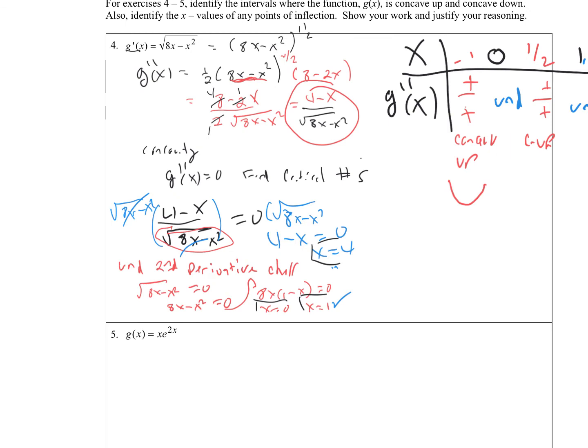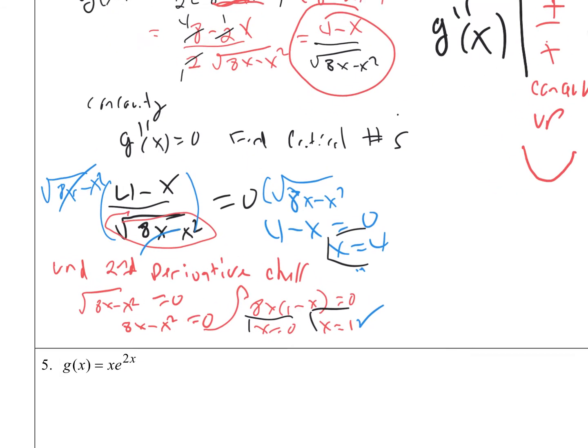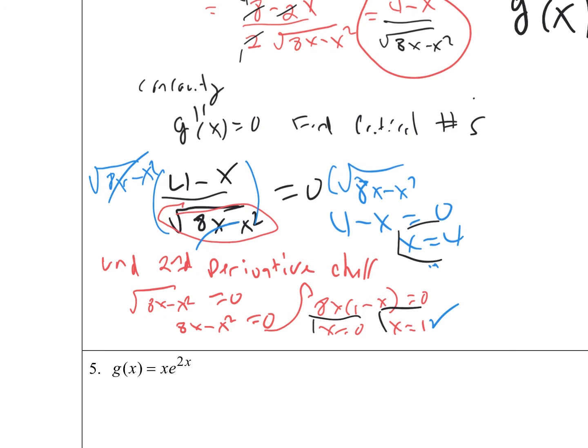Go back and let's look at my solving down here. And I apologize if I didn't solve it right. The denominator. Do I really have the 0 and the 1? See, I think I have a 0, 1, and a 4. It was 8x minus x squared set equal to 0. 8x minus x squared equals 0.